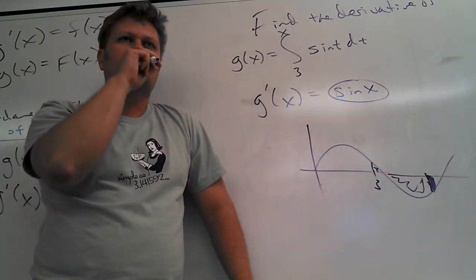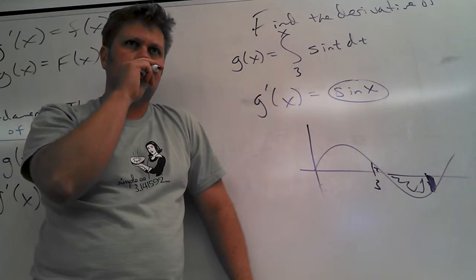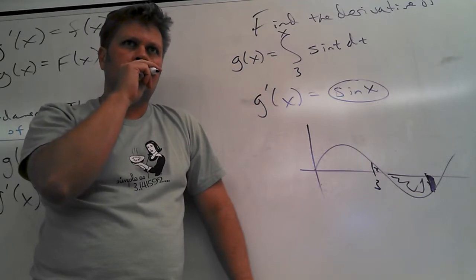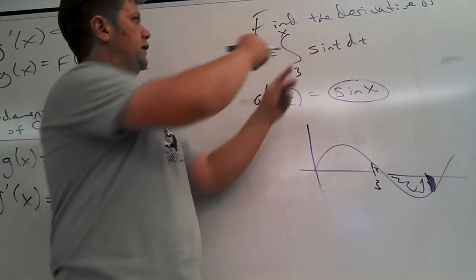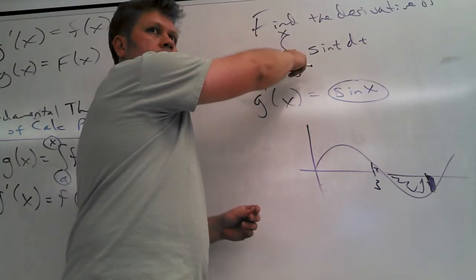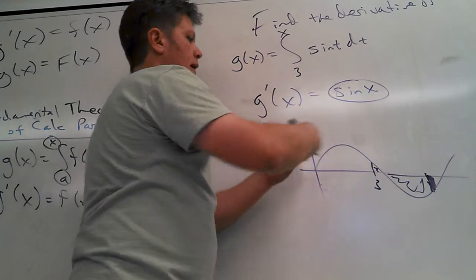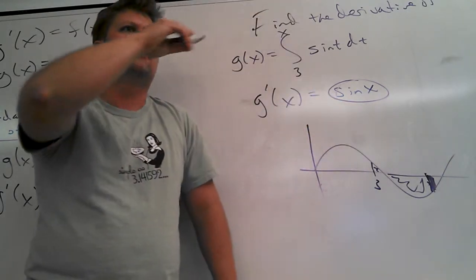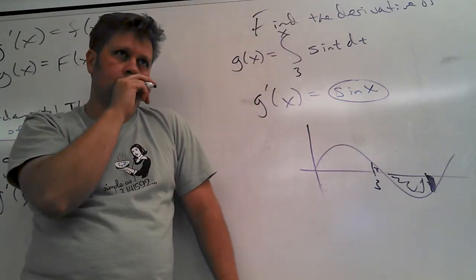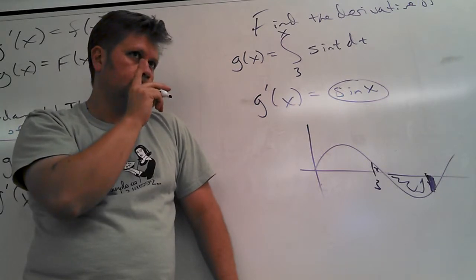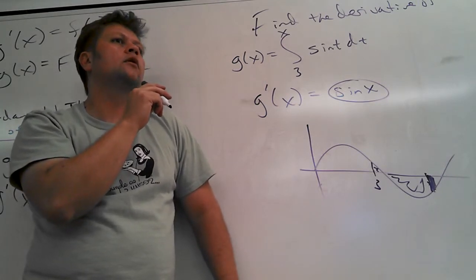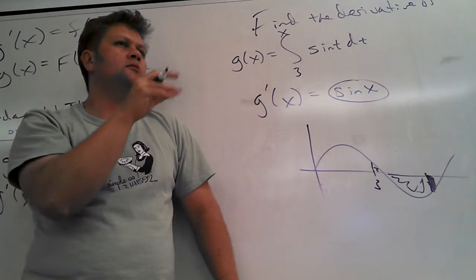So g prime is just the original function of the integral? Yeah, it effectively undoes this integral. And this constant doesn't matter because it's all about how much is changing. So when you're talking about adding layers, you're talking about like a rectangle with near 0 width and sine x as the height? Not quite.